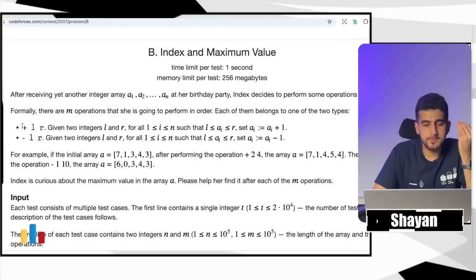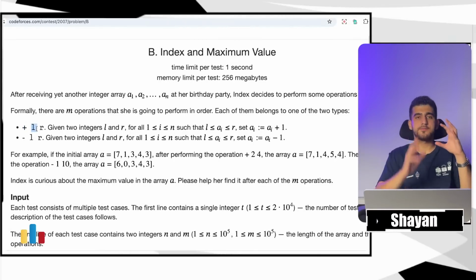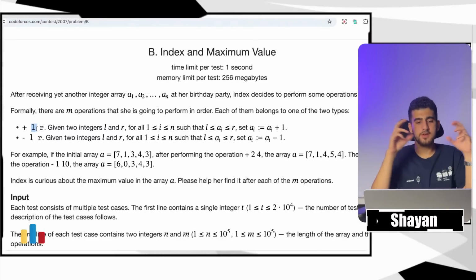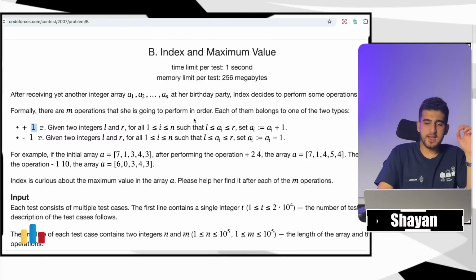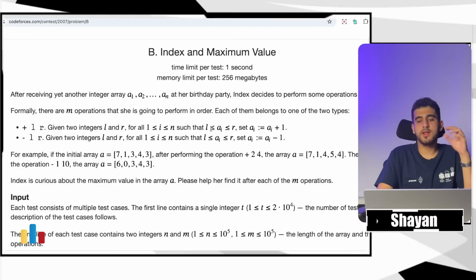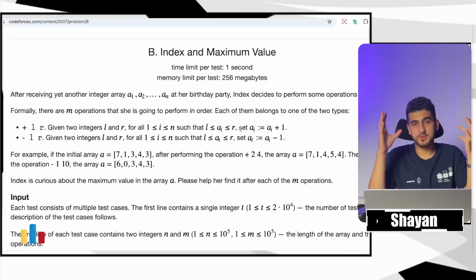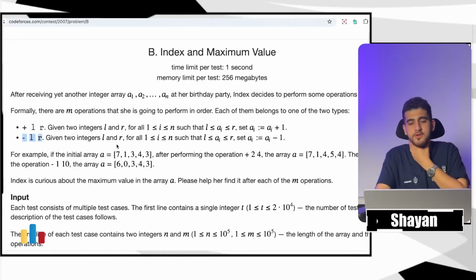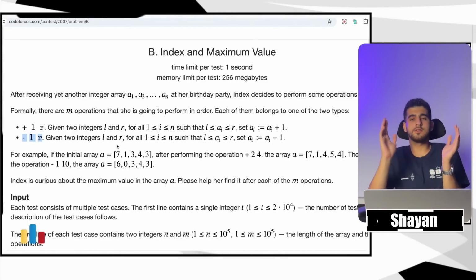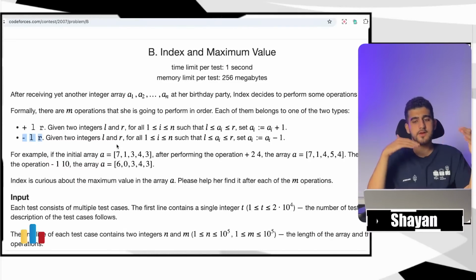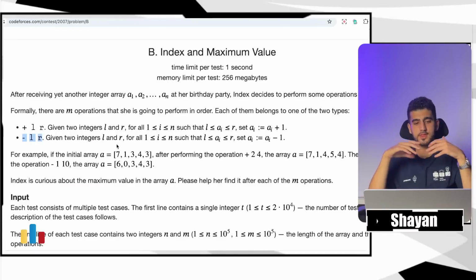Either choose plus and L and R, I mean the plus sign and L and R, then for every integer between L and R, you will increment the value of that element. So for each ai from L to R, ai will be incremented. Or you can choose minus L and R, then for every value between L and R, that value will be decremented.